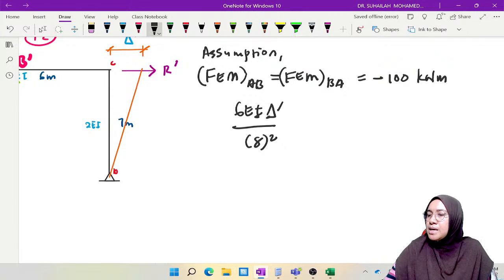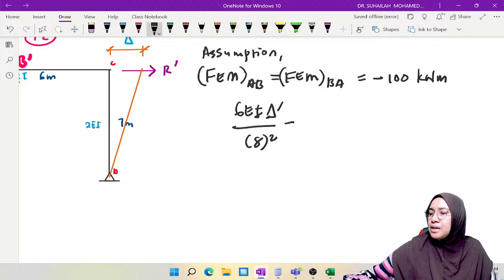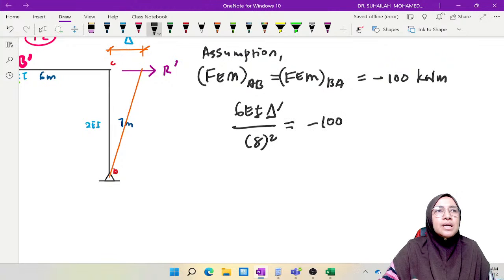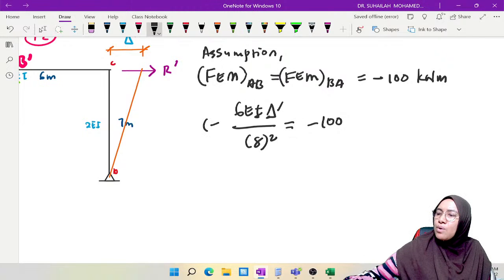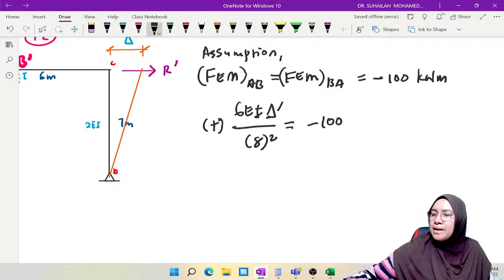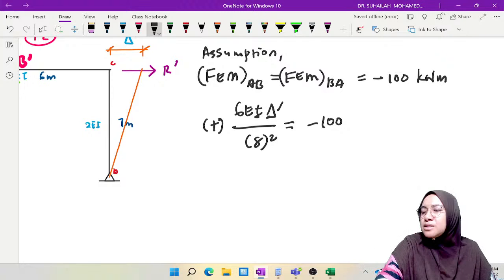So 6EI delta prime over 8 square, L is 8, and this is equal to negative 100. I want to put positive here to represent the angle, the chord rotation.